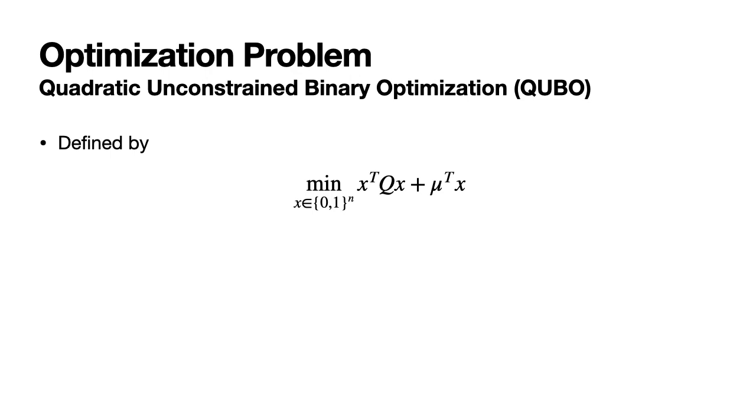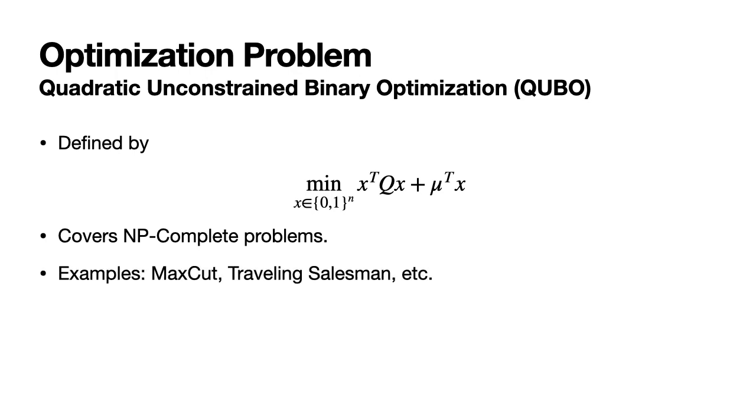These seemingly simple QUBO problems can actually encode a wide range of famous NP-complete problems that are incredibly challenging for classical computers as the size increases. Some examples include the max cut problem in graph theory, where we want to partition the nodes to maximize the sum of the weights of crossed edges.